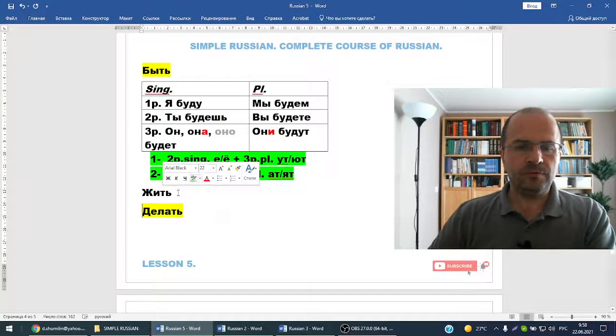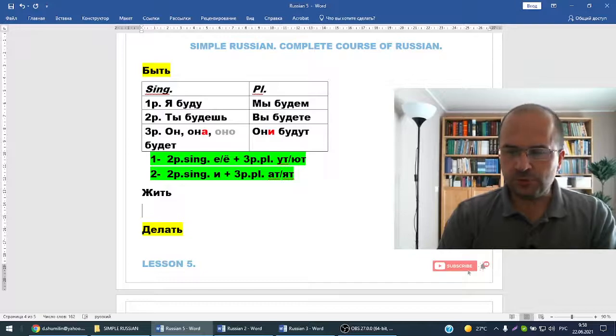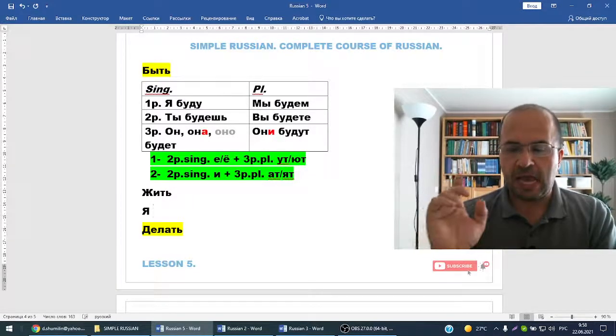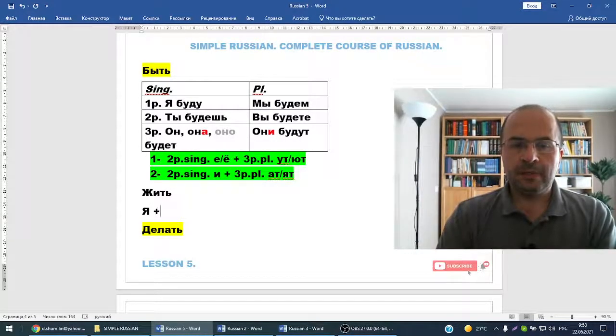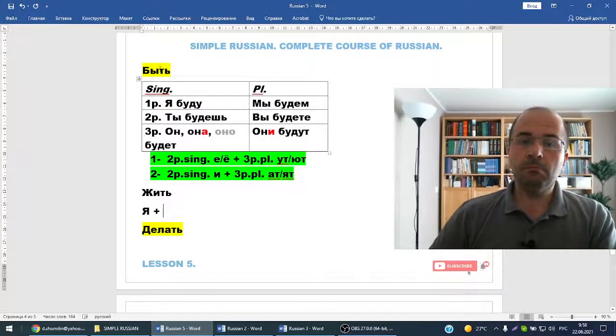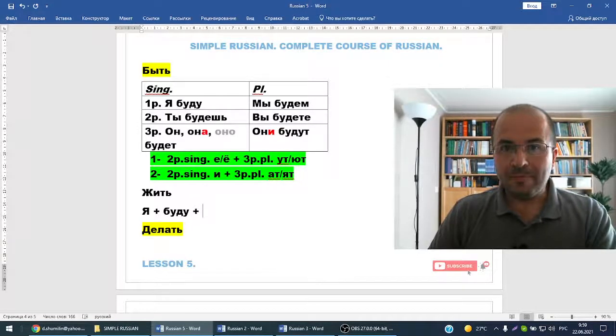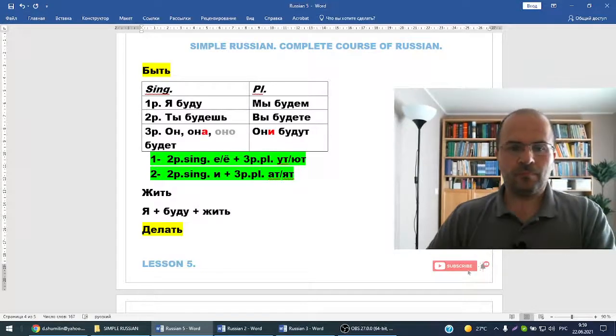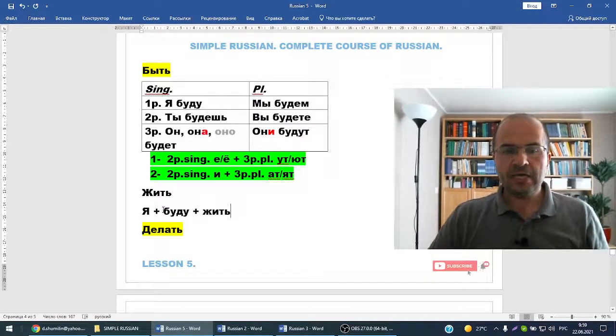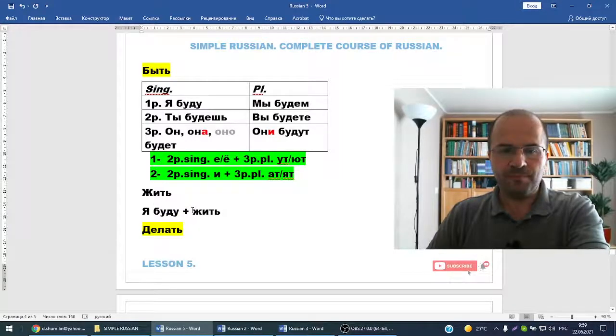To form the future, I need to use my personal pronoun, я, for example, plus the verb быть in the correct form, okay, буду, I will, plus the infinitive of the main verb, жить. And this means I will live.